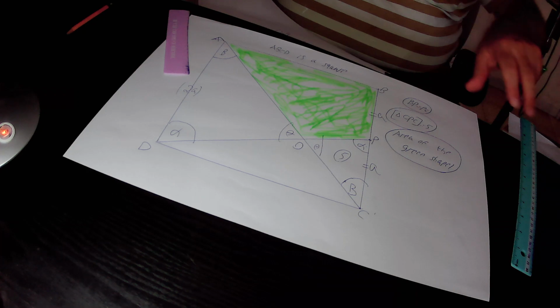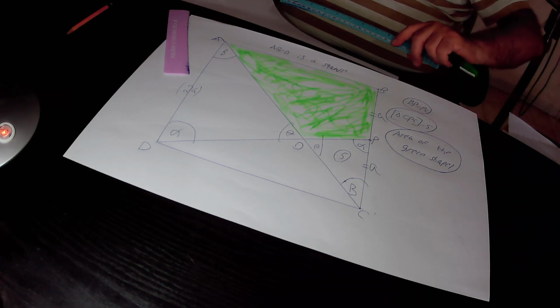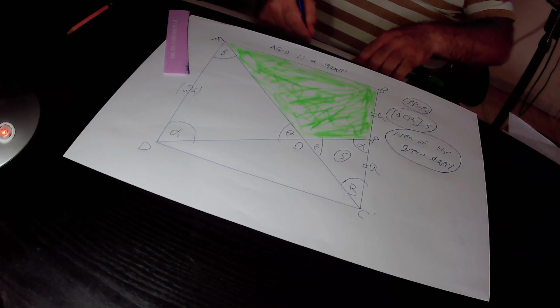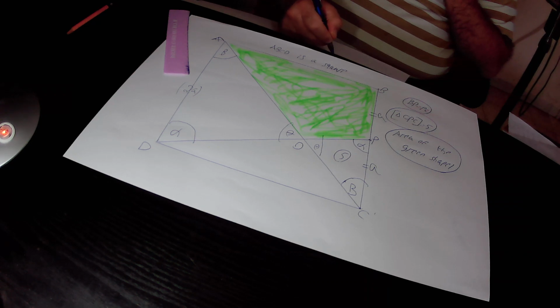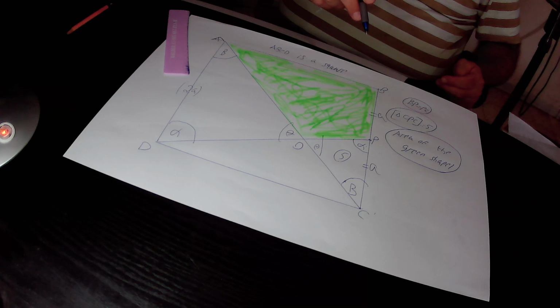The area of the big triangle ADO is unknown, so we leave it as it is. So it is the area of the big triangle ADO over the area of this small triangle COP.